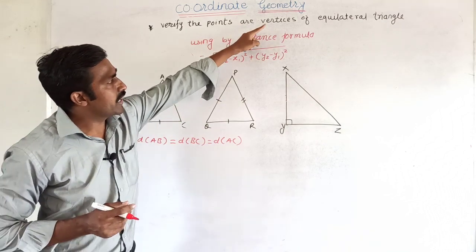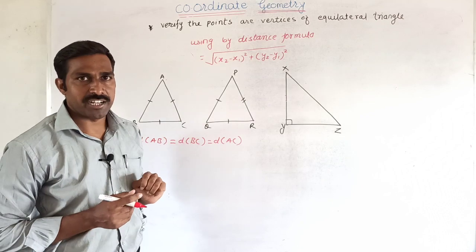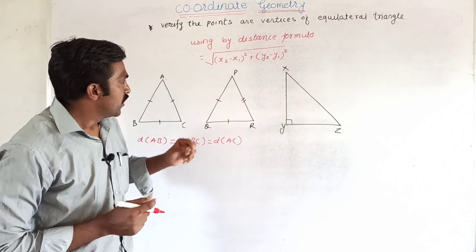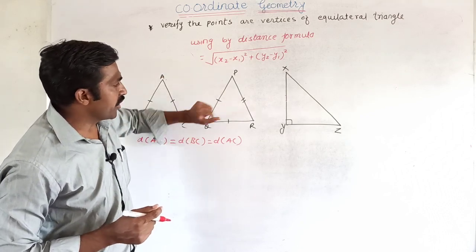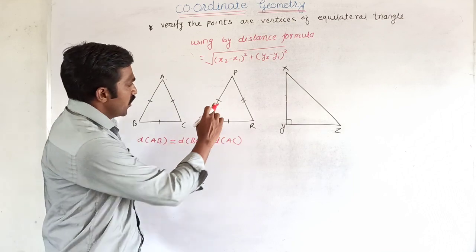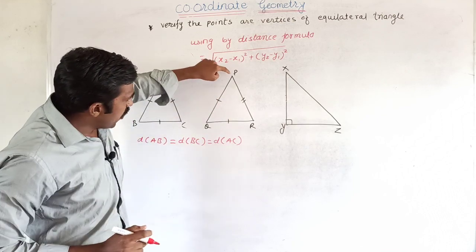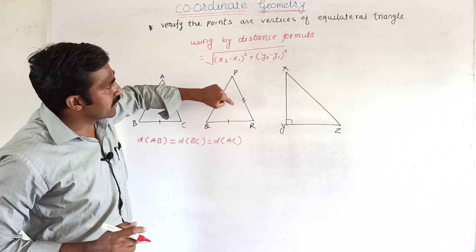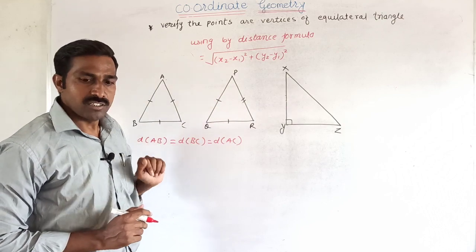Okay. So now another question is: verify the points are vertices of an isosceles triangle. For example, triangle PQR is an isosceles triangle. So these points are vertices of an isosceles triangle.